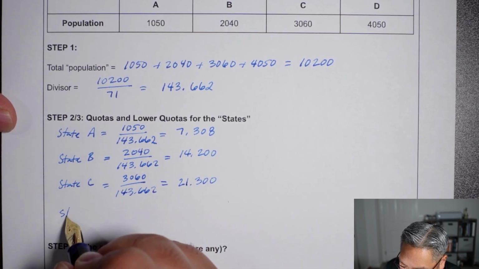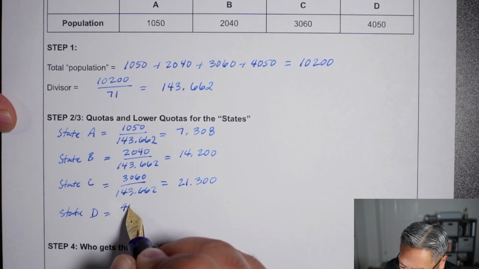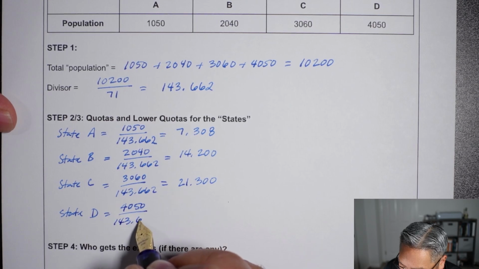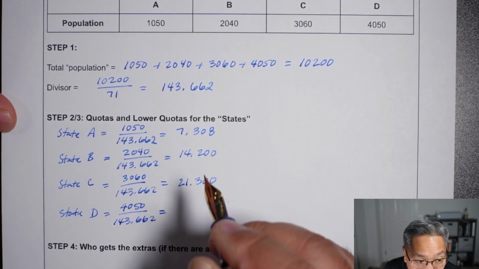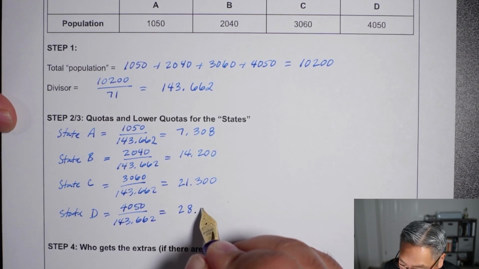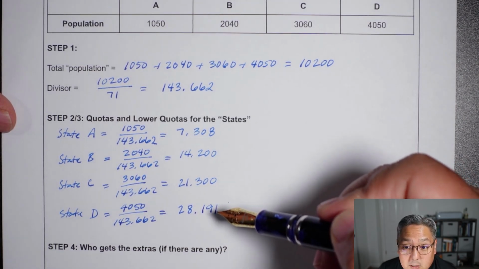And finally, state D is 4,050 divided by 143.662. And we'll divide that out and get 28.191. So these become our quotas, okay?